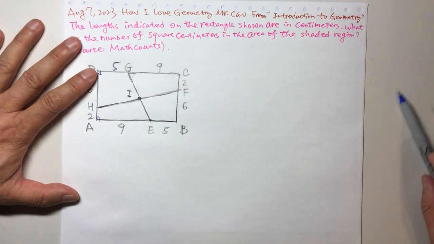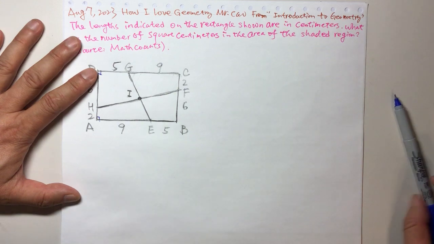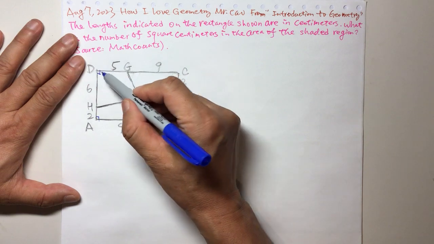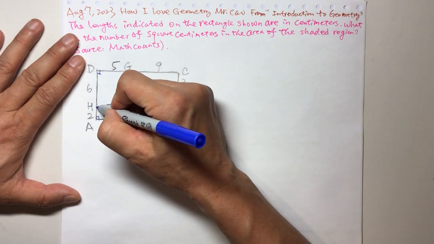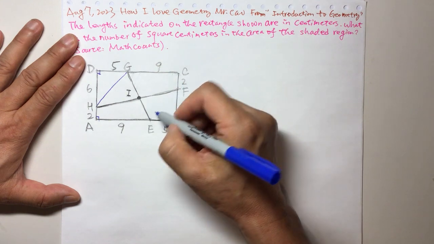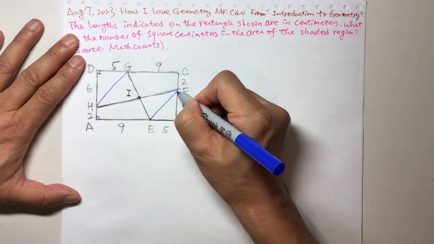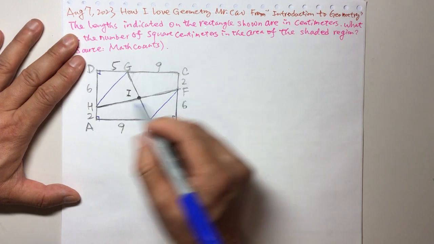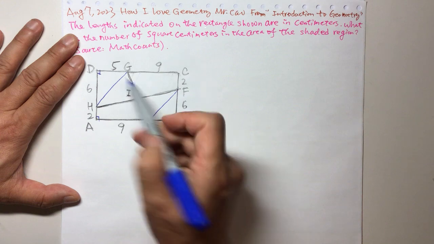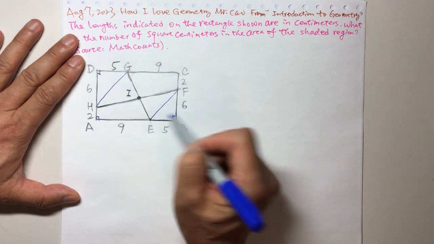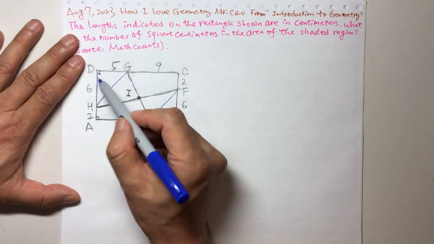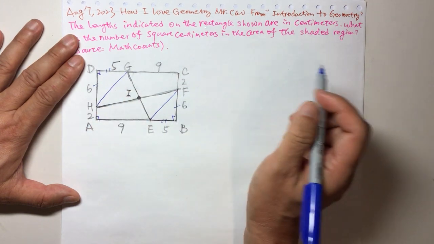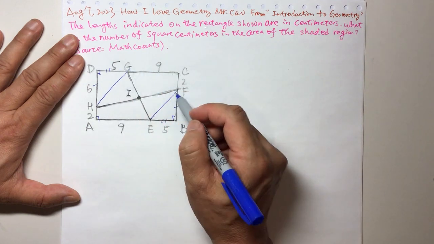So if we connect HG and EF, this triangle EBF is also a right triangle, and EBF and GDH are congruent, right? This is a right triangle, this side congruent to this side, and this side congruent to this side. So these two right triangles are congruent.